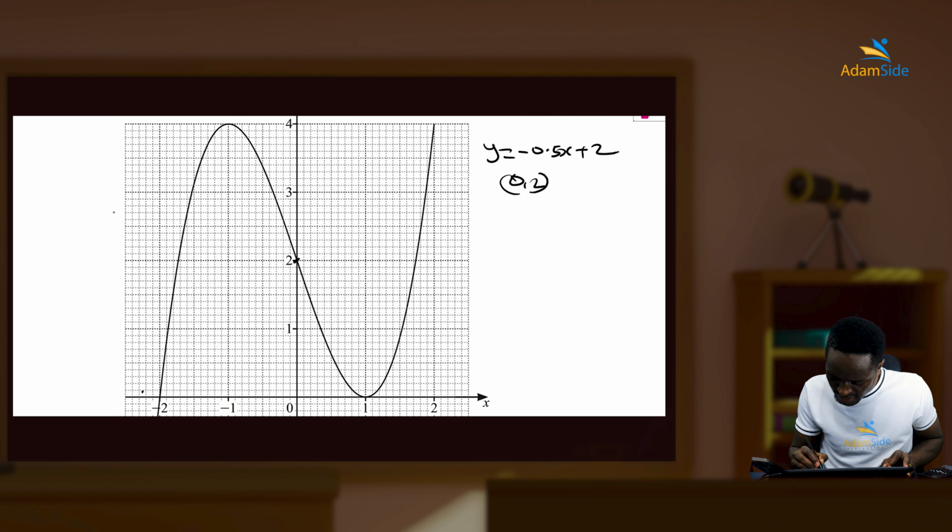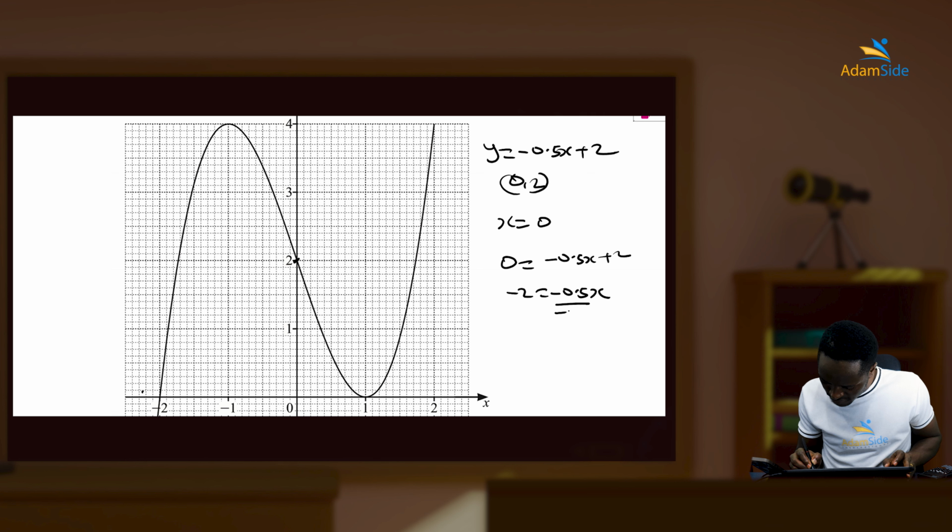Maybe at the x-intercept, y is equal to 0. So 0 is equal to negative 0.5x plus 2. So negative 2 is equal to negative 0.5x, divided by negative 0.5.